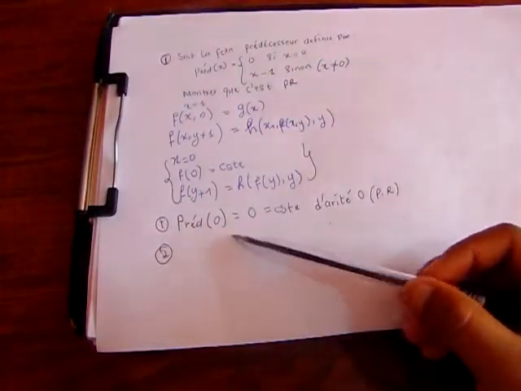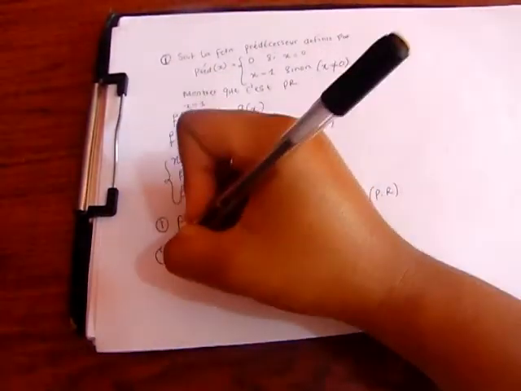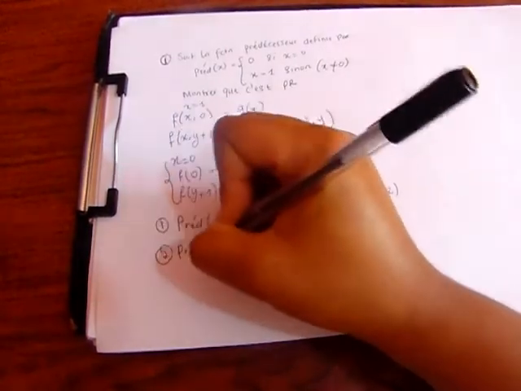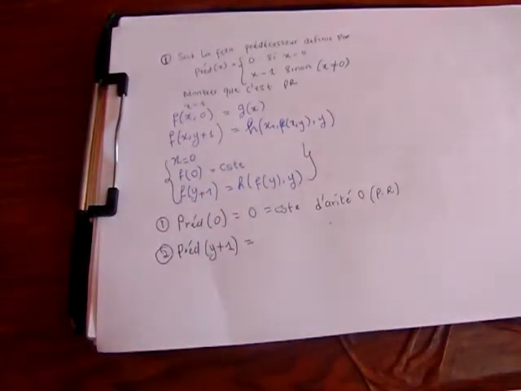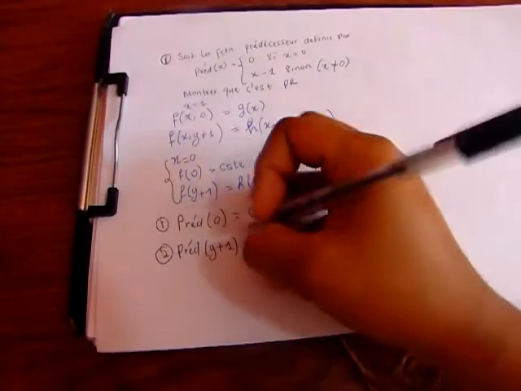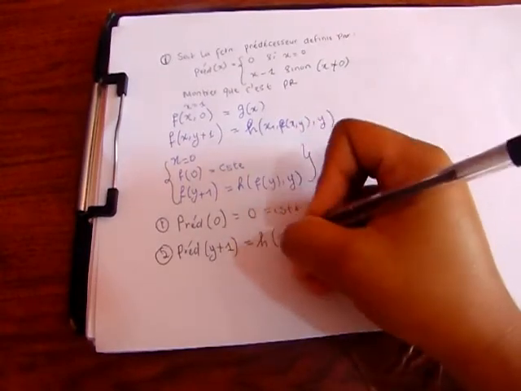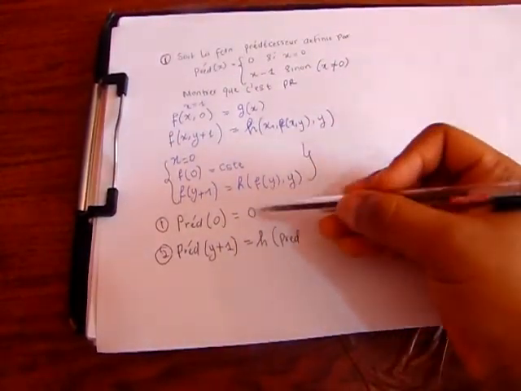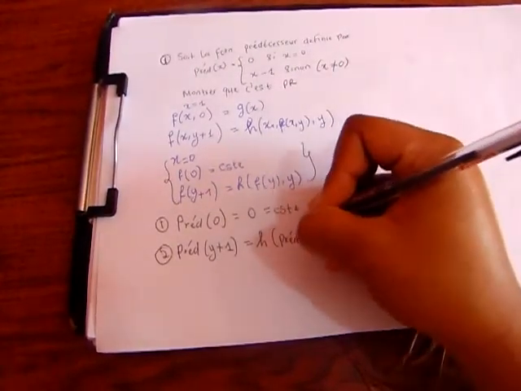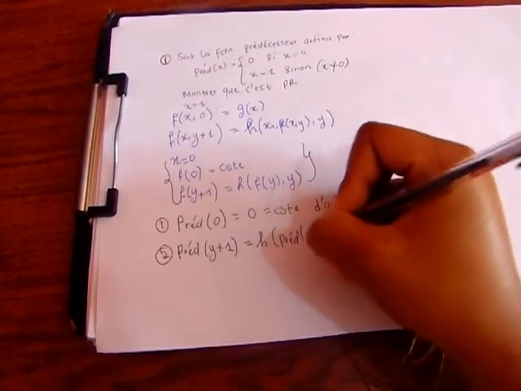So we are doing pred de y plus 1. And if it's pred de y plus 1, it means we are going to have something like this. Looking at this, our f is pred, like I said. Pred de y and y.